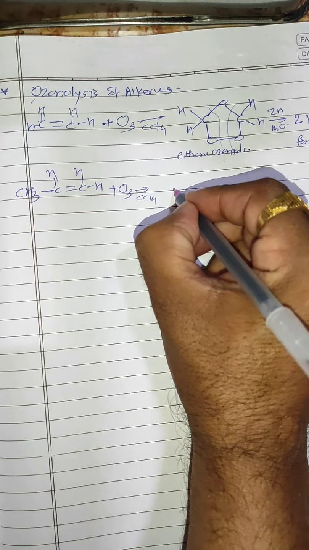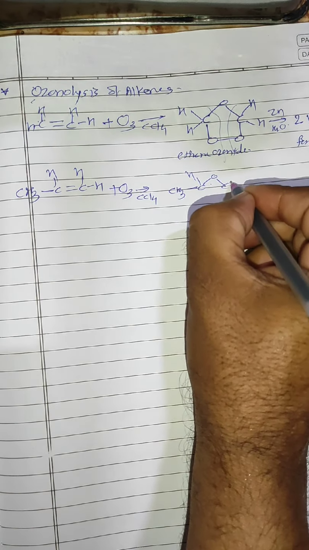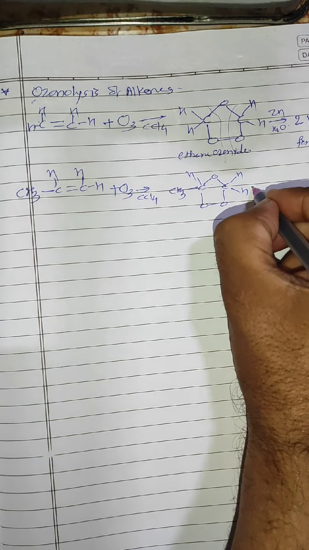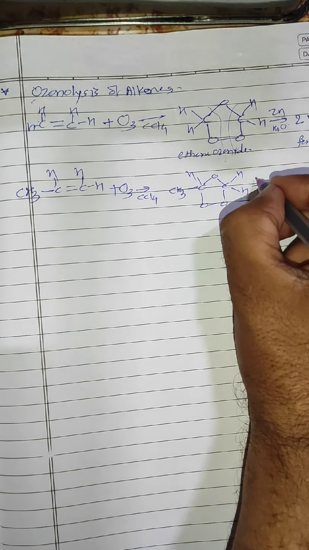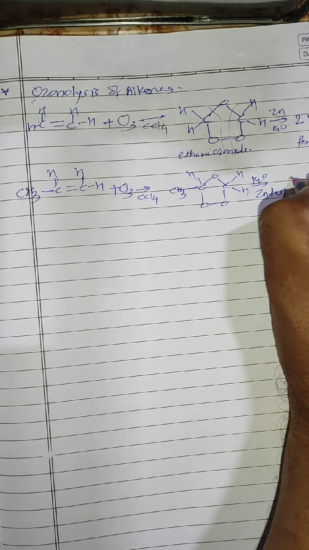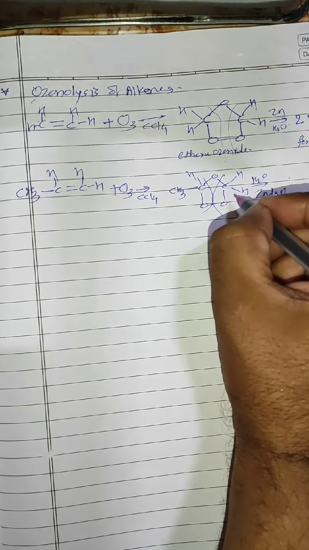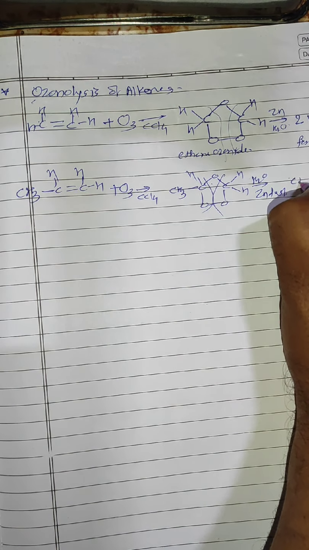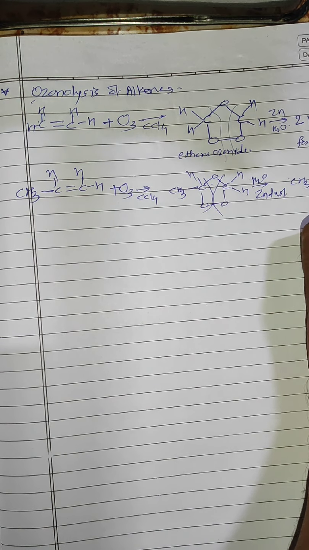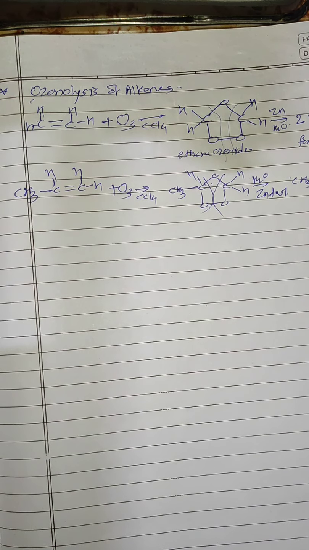It gives the corresponding CH3 CH O CH H O and O. These are treated with H2O in presence of Zn dust, and it gives the corresponding mixture of acetaldehyde and formaldehyde, like CH3 CH double bond O plus HCH double bond O plus ZnO.